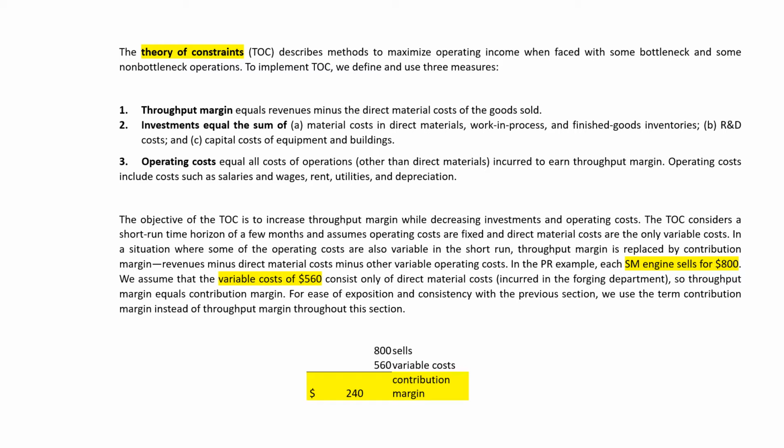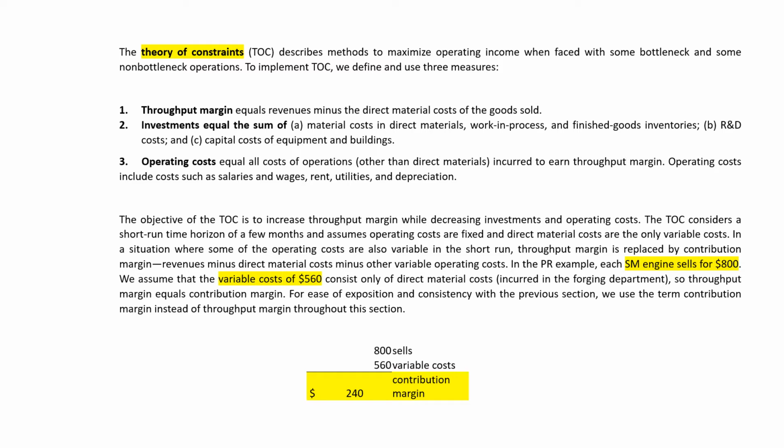Third, operating costs, which is equal to all costs of operation other than direct material incurred to earn throughput margins. So operating costs include such costs as salaries and wages, rent, utilities, and depreciation.